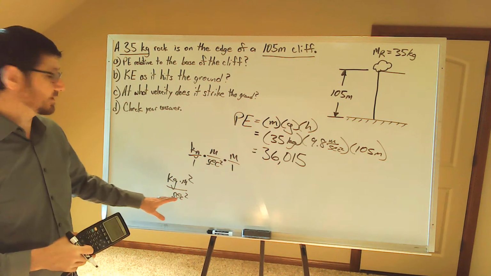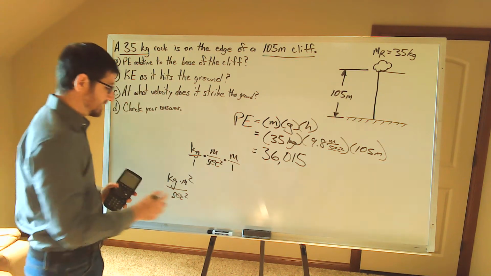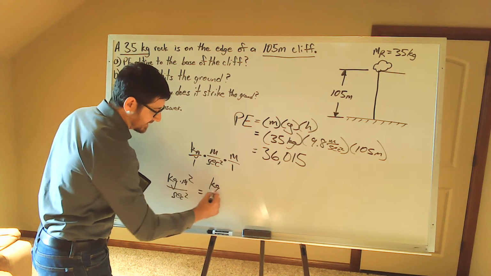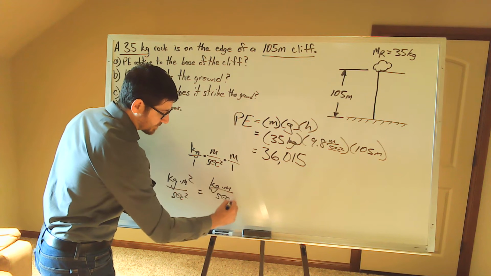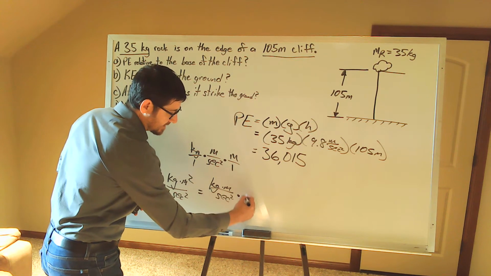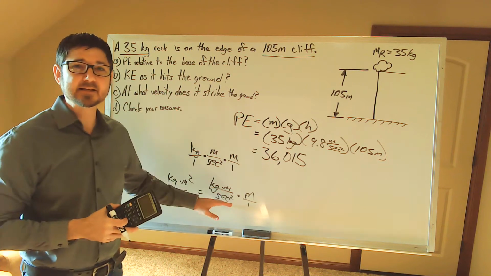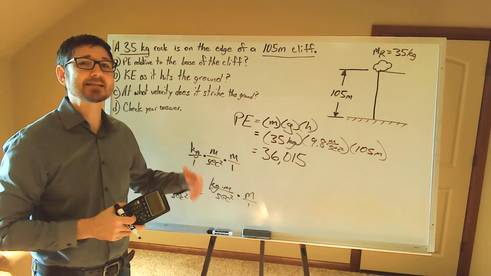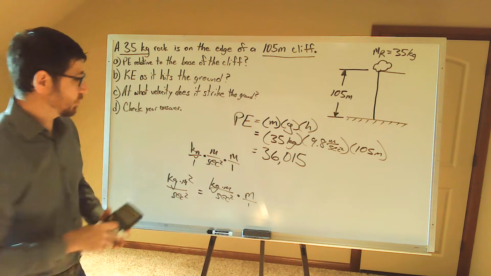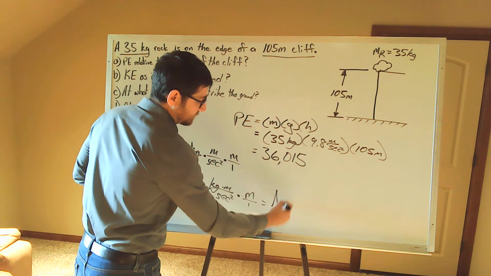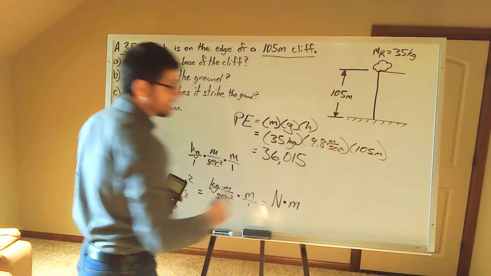Now what we want to do here is factor out one of our meters, which is going to give me a kilogram meter per second squared times meter, which is meters over 1. And you know that a kilogram meter per second squared is equal to a newton. So what we have here is a newton meter.